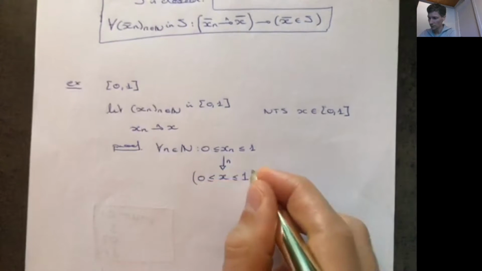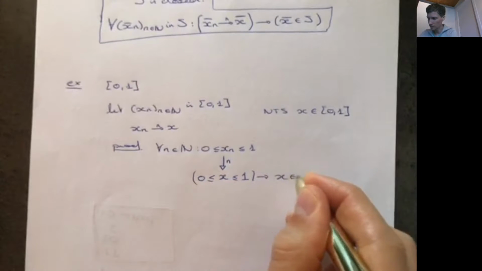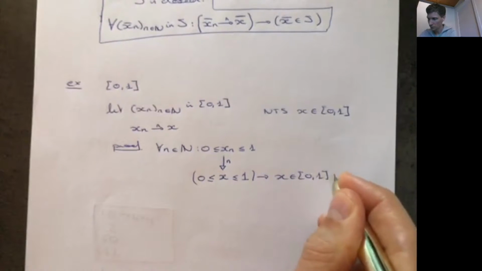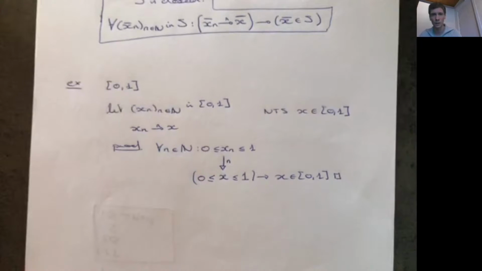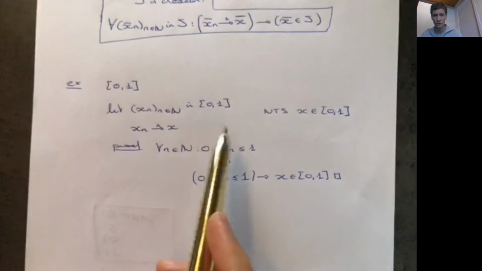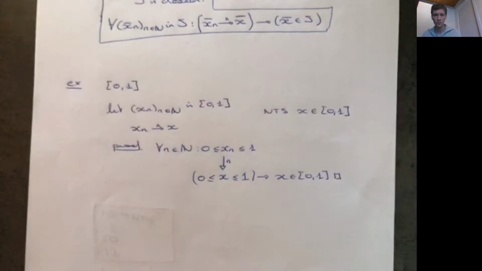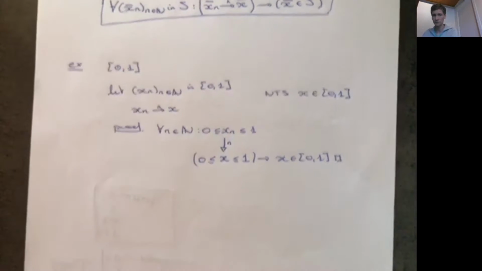And then from this we immediately have that x is in [0, 1], which indeed shows that this interval is closed. So that's how you show that a certain set is closed. You take any arbitrary sequence in the set. If it converges, then the limit should also be in the set.